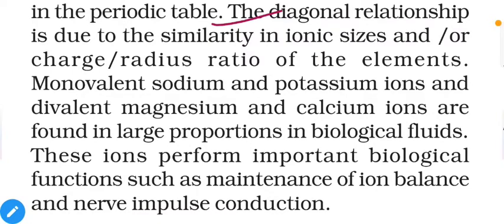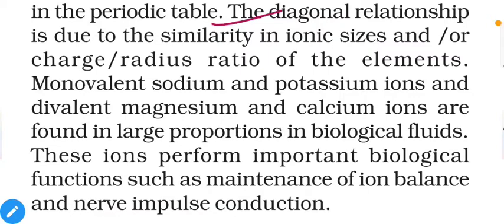Monovalent sodium and potassium ions and divalent magnesium and calcium ions are found in large proportion in the biological fluids. Now monovalent, that means usually it will form one bond or it will get +1 or -1 charge. Similarly, divalent will form two bonds or it will get +2 or -2 charges.